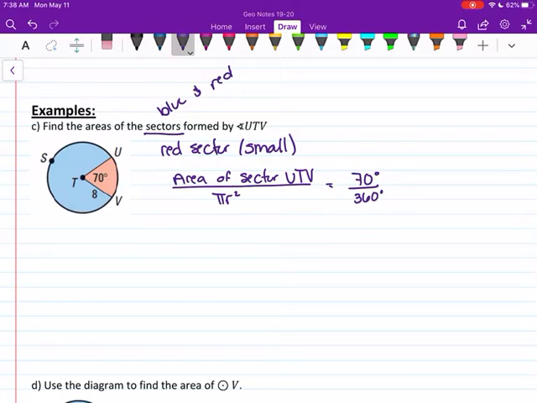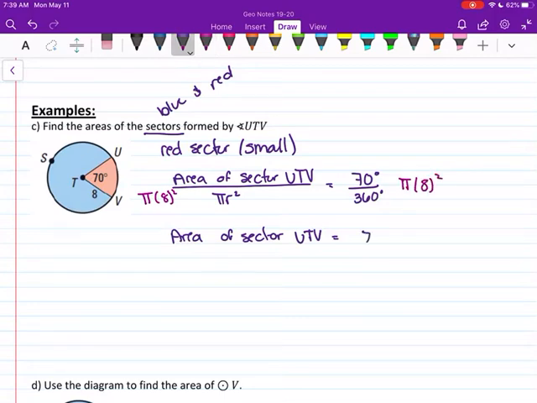All right, so let's fill in my pieces here. I know that my radius is 8, so my area of sector UTV is going to be, I'm going to multiply both sides by pi times 8 squared. And 8 squared is 64.